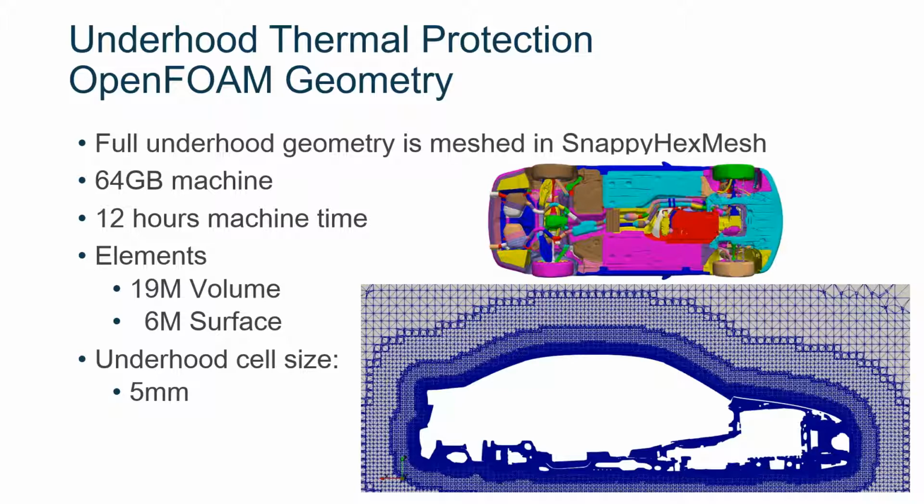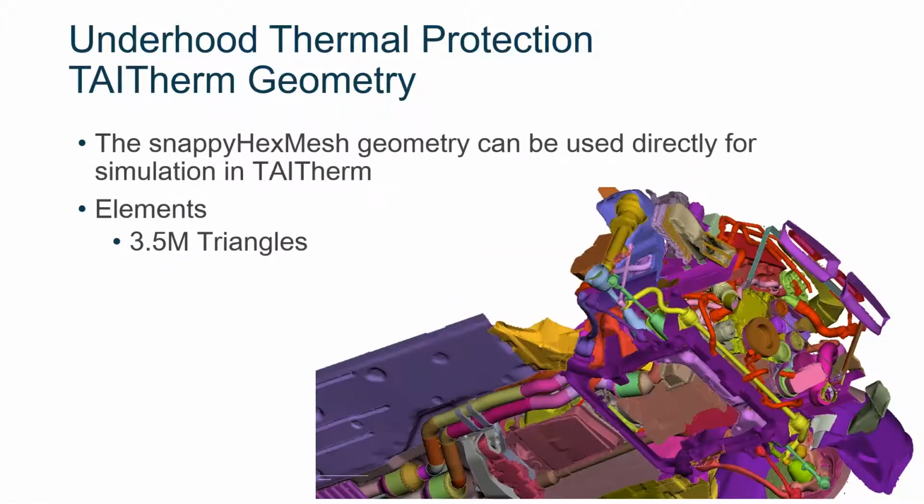Took about 12 hours, and we have a very fine underhood cell size of about 5 millimeter. The geometry for TAITherm was exported directly from snappyHexMesh. You see it here, again, very detailed with a lot of PIDs, and has about 3.5 million elements.